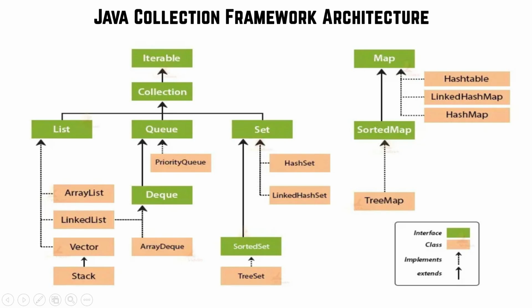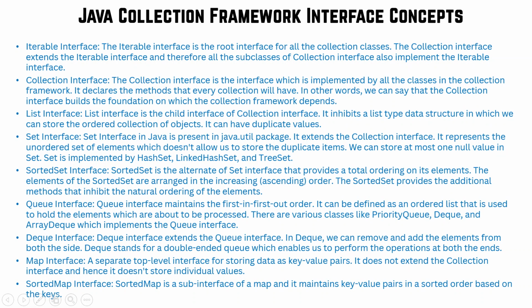Now SortedSet. SortedSet is the alternative of the Set interface that provides a total ordering on its elements. The elements in the SortedSet are arranged in increasing or ascending order. The SortedSet provides additional methods that inhabit the natural ordering of the elements.